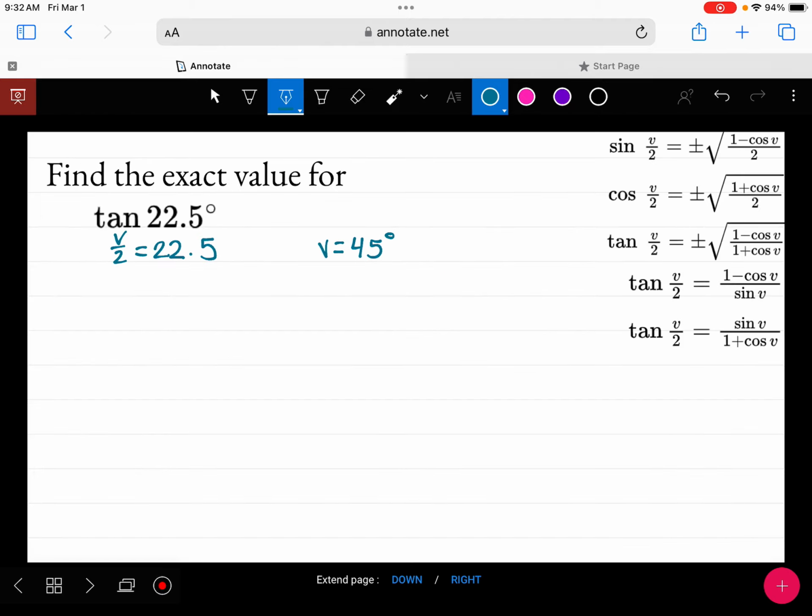And we can use any of these tangent formulas. These all mean the same things. This is the one we derived. You don't have to use this one, but you absolutely can. This means we only have to figure out cosine. Or you can do this one, or you can do this one. It genuinely does not matter to me which one you use.